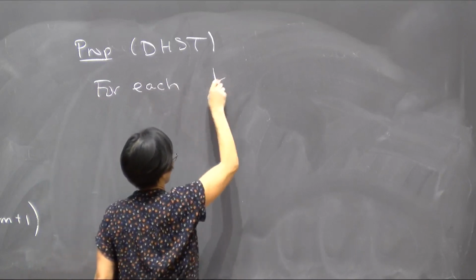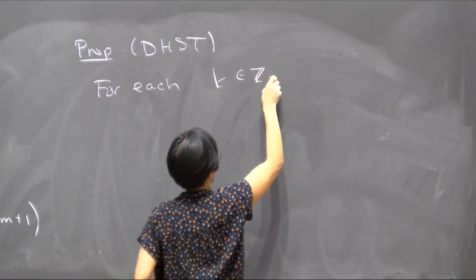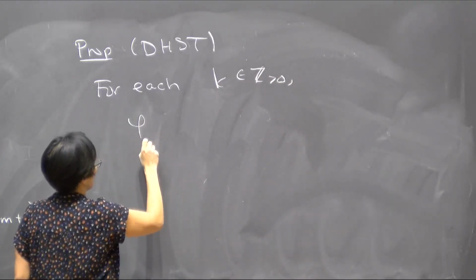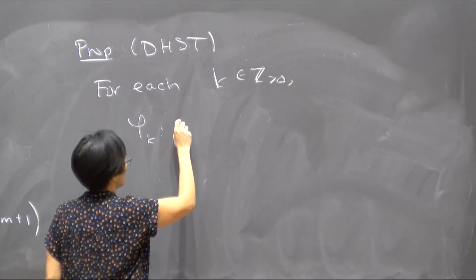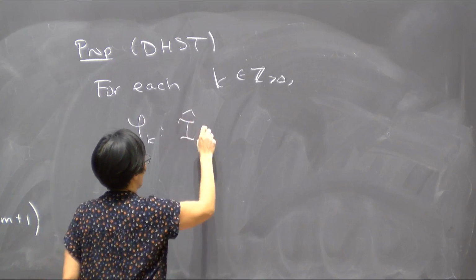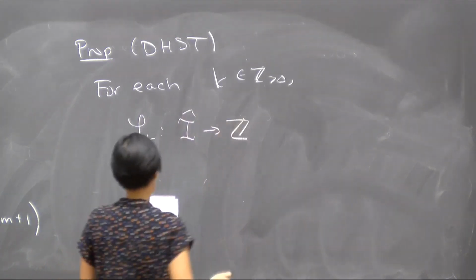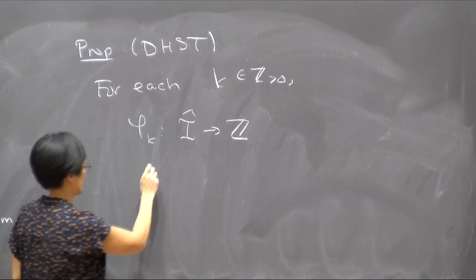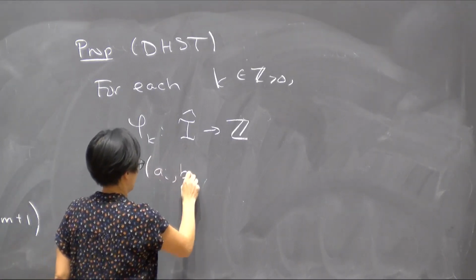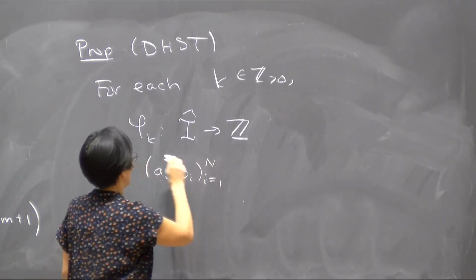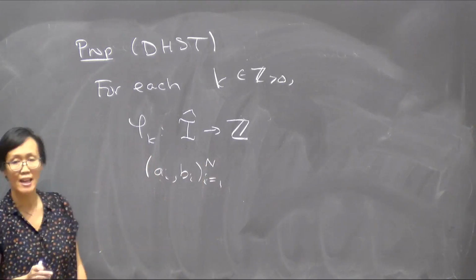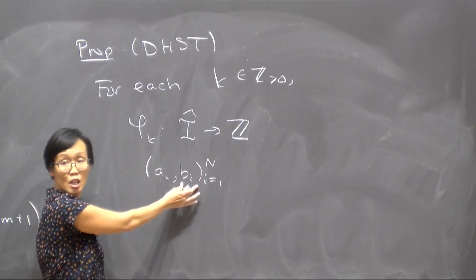For each non-zero integer k, we get a homomorphism from this group I hat to Z. Elements in I hat are parameterized by these sequences. What does phi k do? Phi k is just a signed count of how many times k appears here.